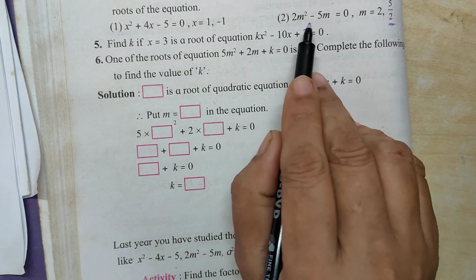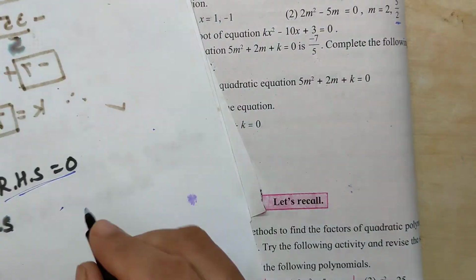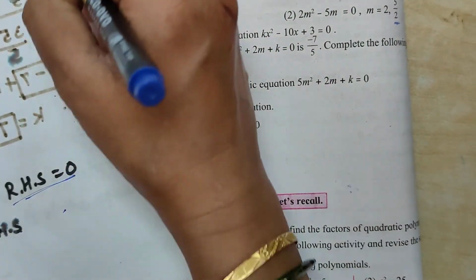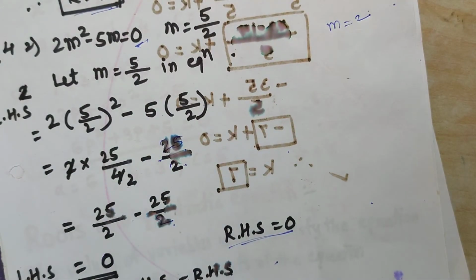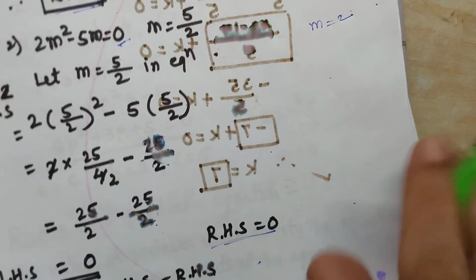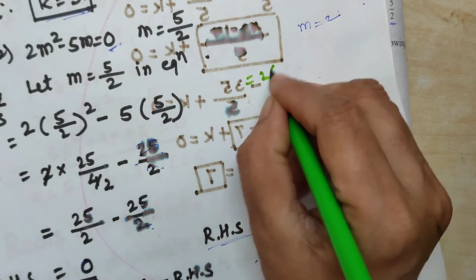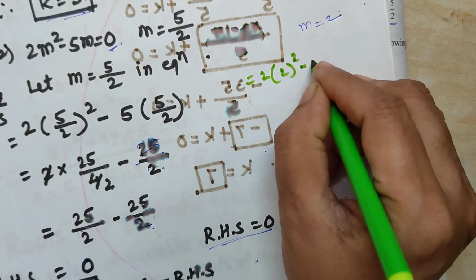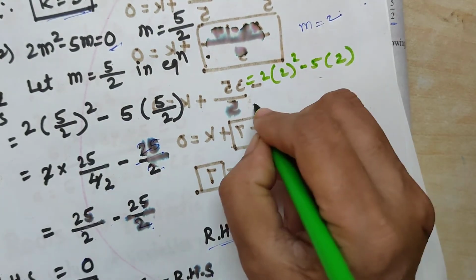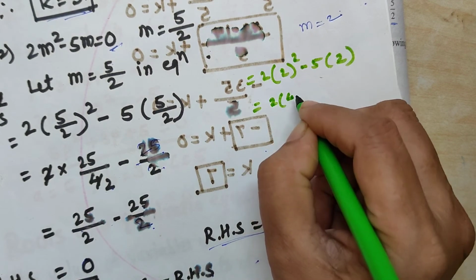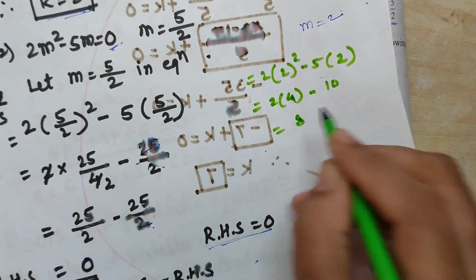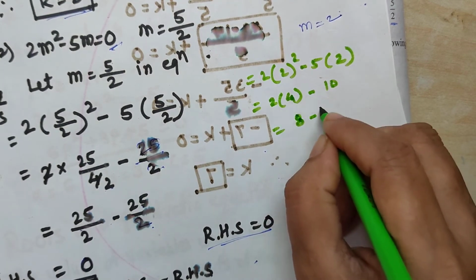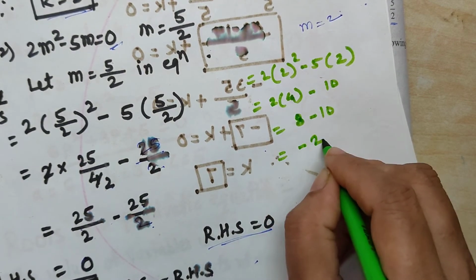Now we will see the value 2, that is, putting m is equal to 2. See how we will solve if I take m is equal to 2. 2 into 2 square minus 5 into 2 is equal to 2 into 4 minus 5 into 2, that is 8 minus 10, which is equal to minus 2.